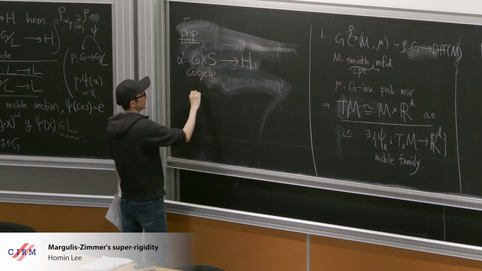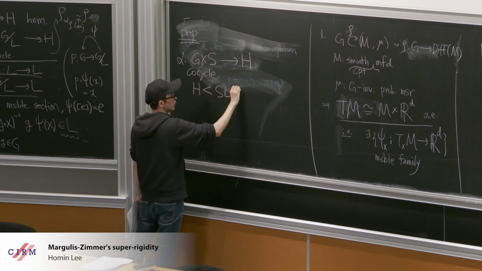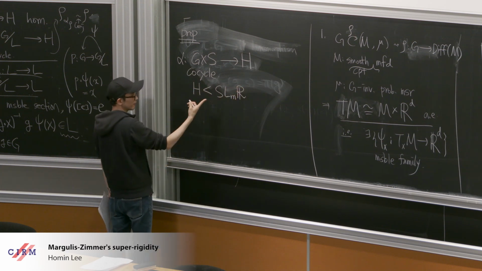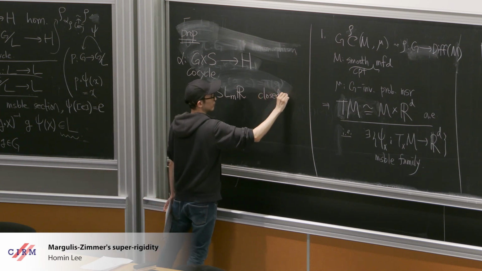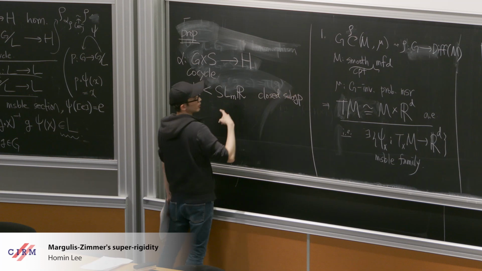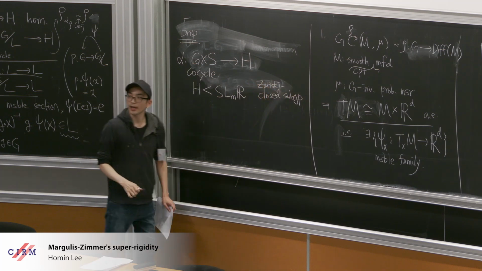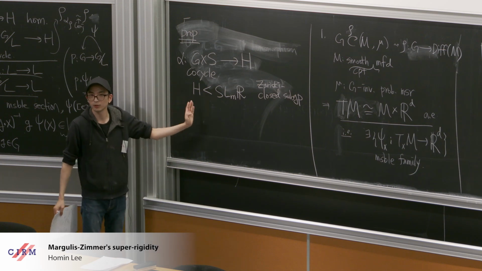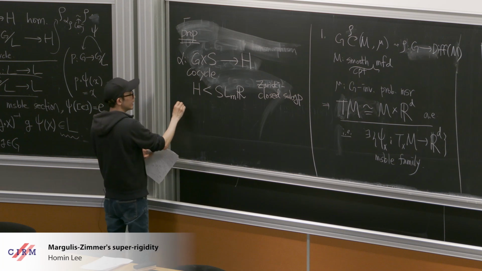Now I assume that H is a closed subgroup inside SL_m(R) for some m, given by the zero locus of polynomials.